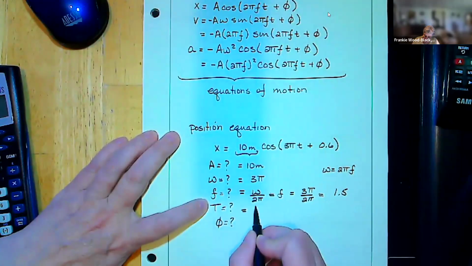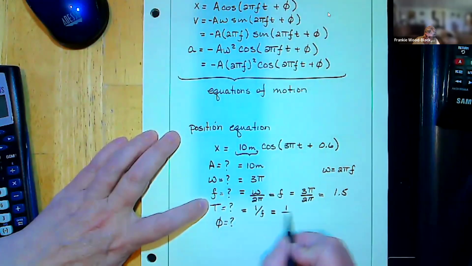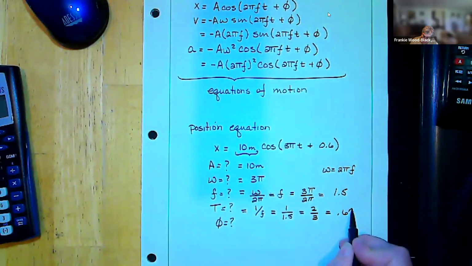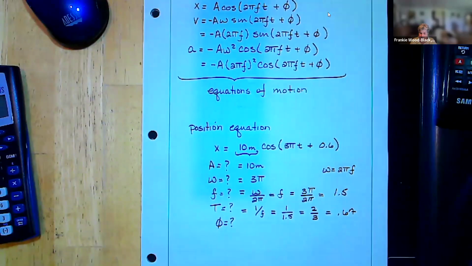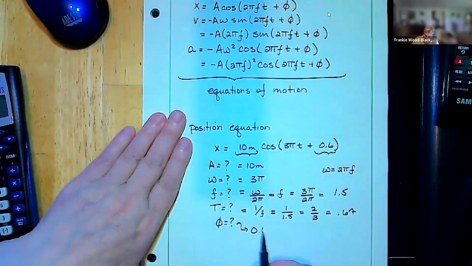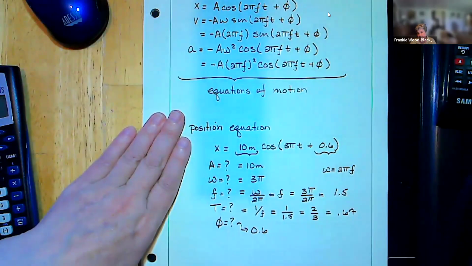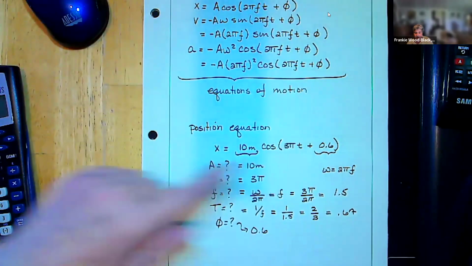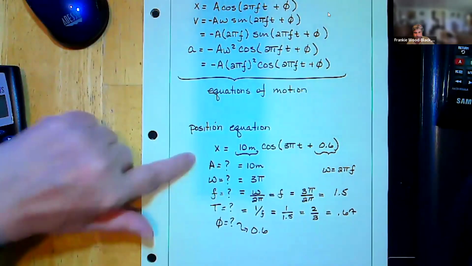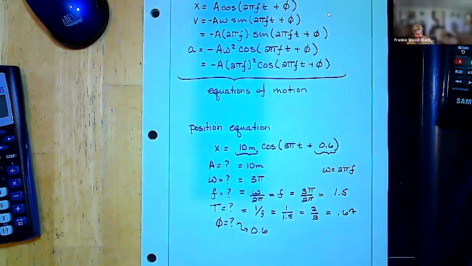My period is going to be 1 over the frequency. So that's 1 over 1.5, or 2/3, or 0.67. My phase angle, it's right here. So we can read a whole bunch of information for our system right off of the equation.